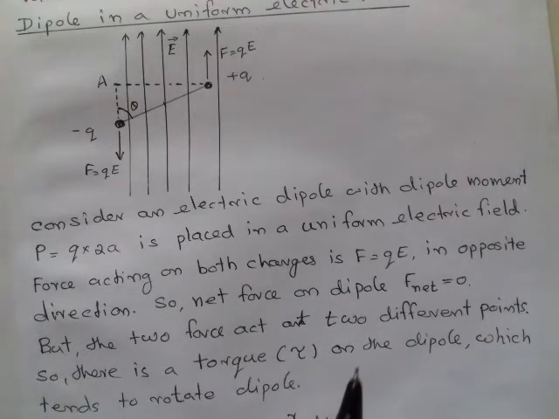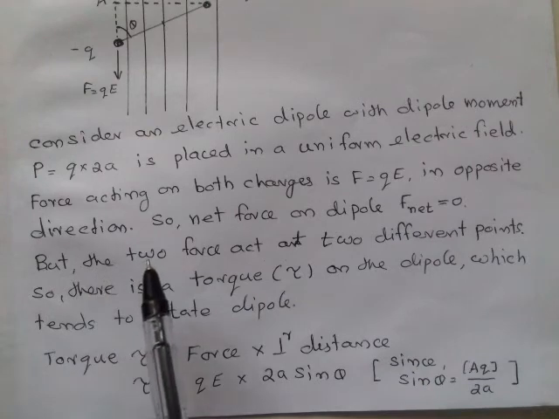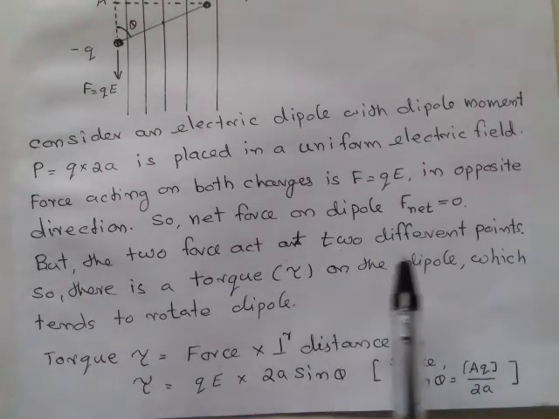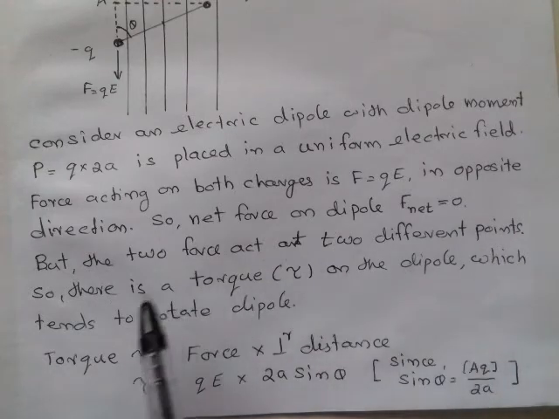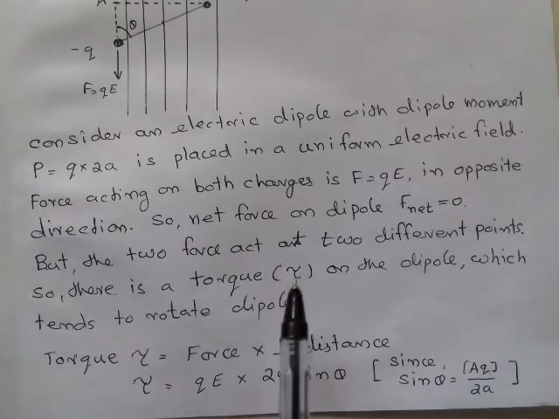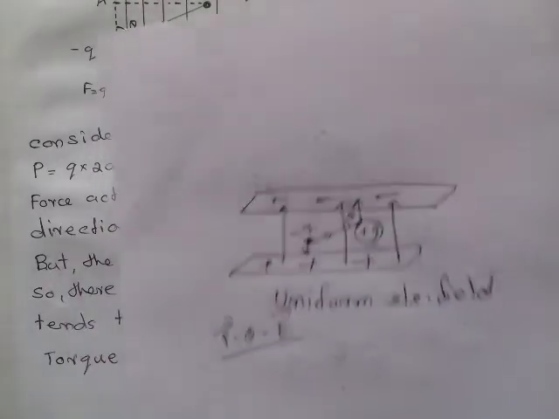But even though the net force is 0, the two forces act at two different points. So there is a torque, given by the letter tau, on the dipole, which tends to rotate the dipole.